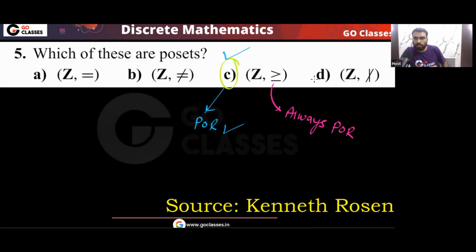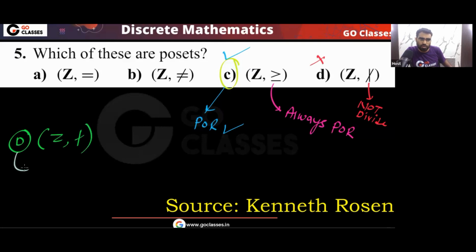What about Z, not divides? This means not divide. Here, this is not a partial order relation. Why? Look at option D, Z, not divide. First of all, this is not reflexive, because 2 is not related to 2.